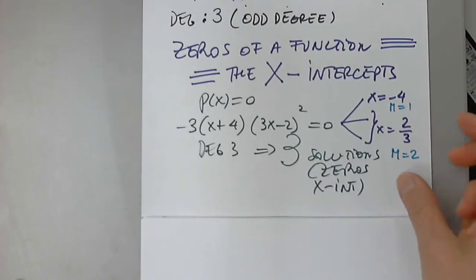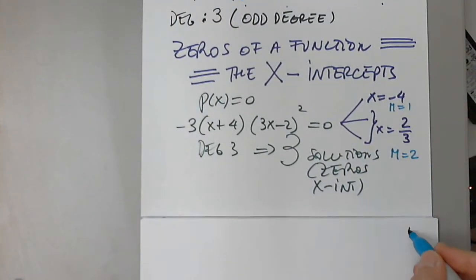Now here's the next question. Why do we even talk about multiplicities? Here's why. Last time we graphed x cubed. You remember the graph of x cubed? It's this, right? But the graph of x cubed does not look like this.